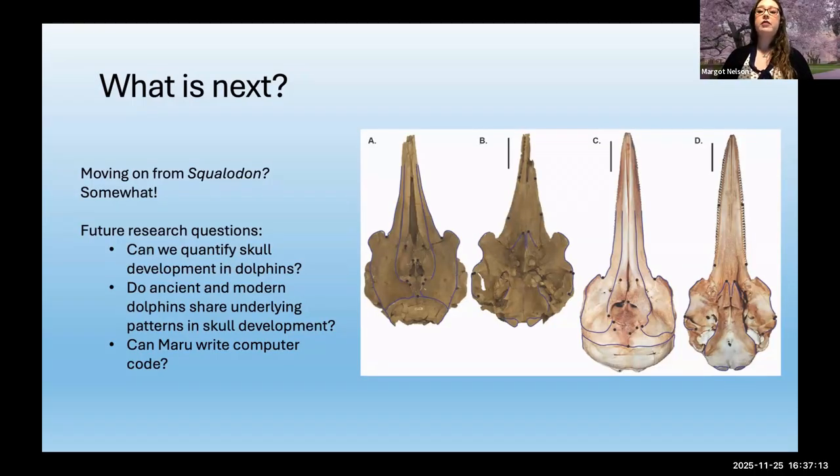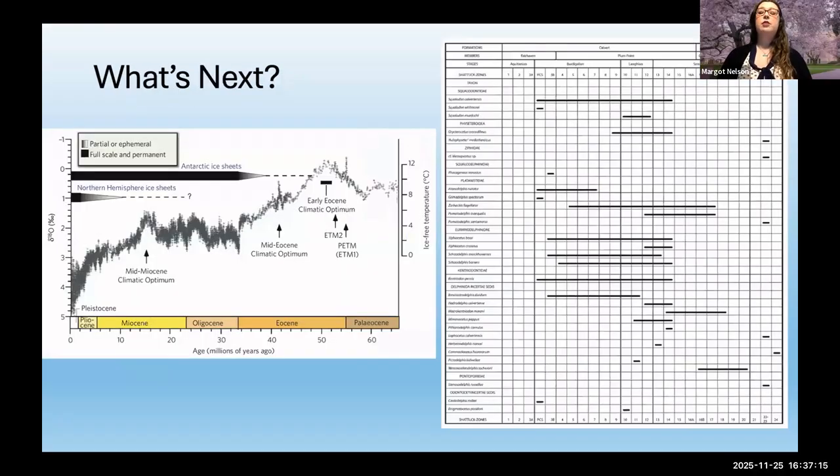So that's a new area of research for me. I'm also really interested in the evolution of skull shape as it attaches to climate. So in toothed whales, there is a faunal turnover between the mid-Miocene climatic optimum and the cooling period after. So I'm really interested in quantifying that faunal turnover in terms of morphological diversity. So those are areas I'm exploring next.